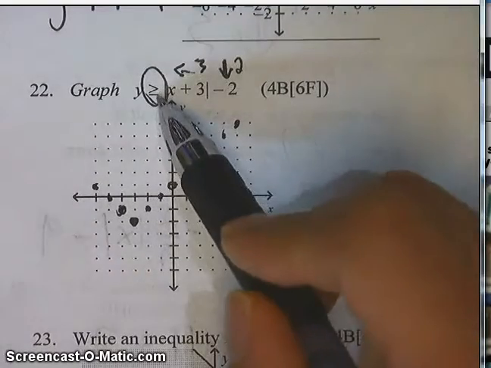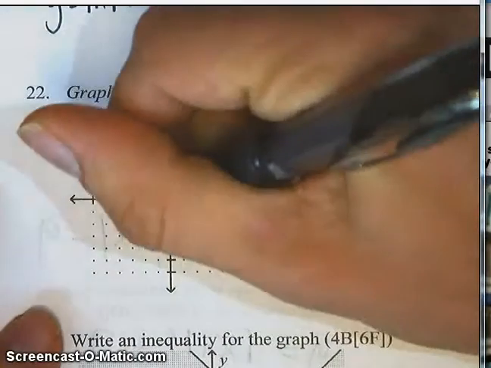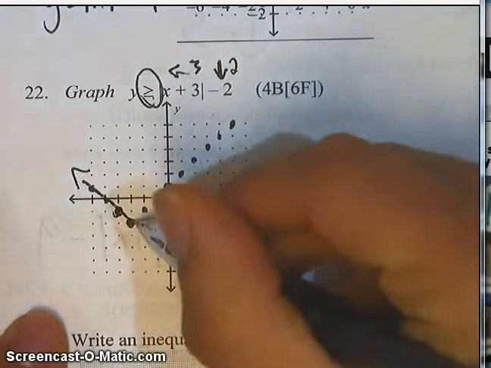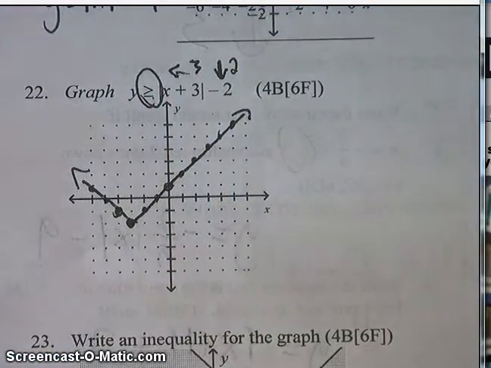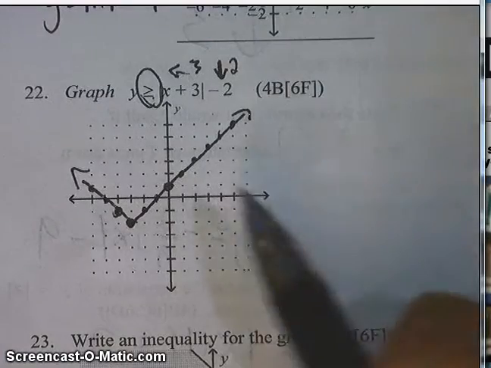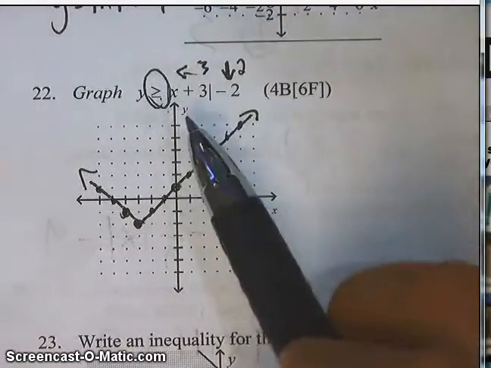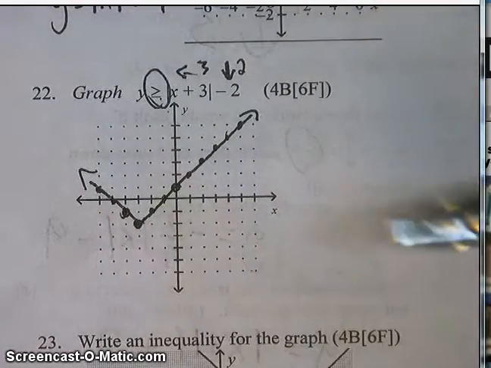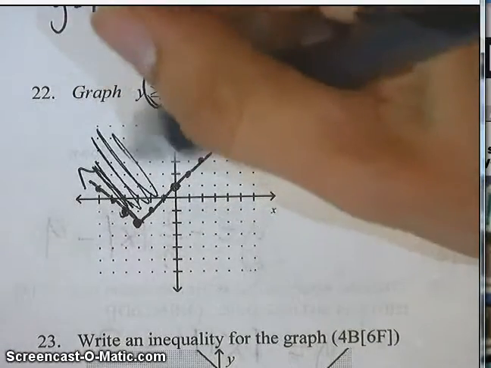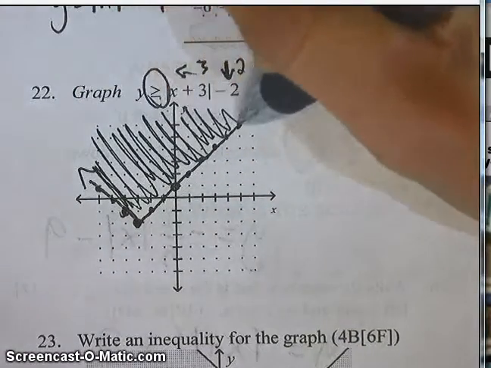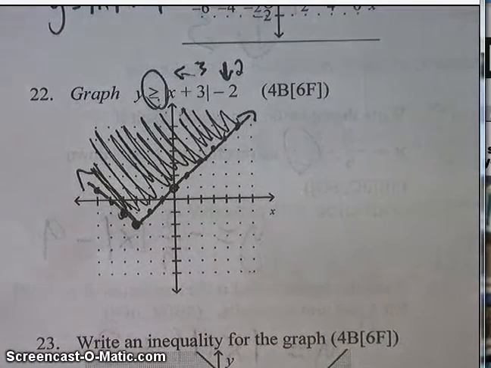But since it's greater than or equal to, that's a solid line. For the shading, since it says y is greater than, that means shade above. Less than means shade below. So I'm going to shade all this stuff above here. Just like that.